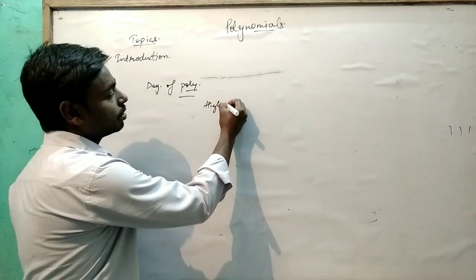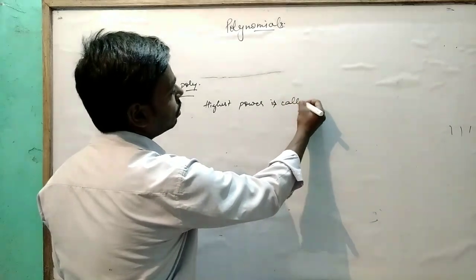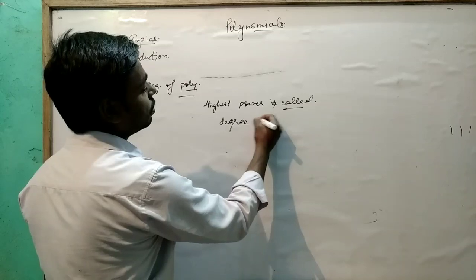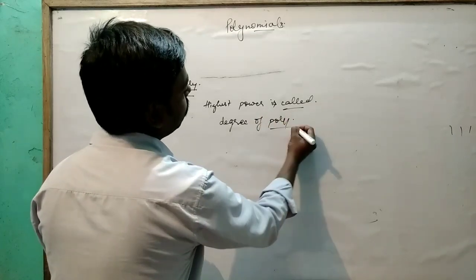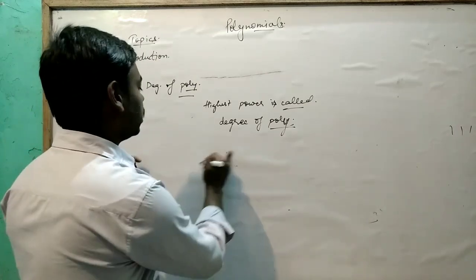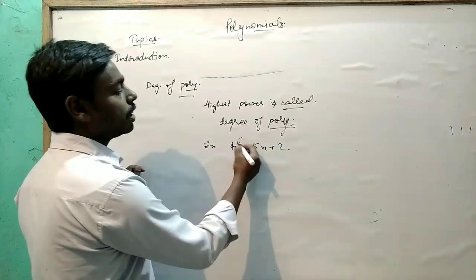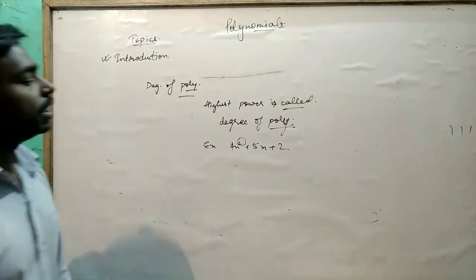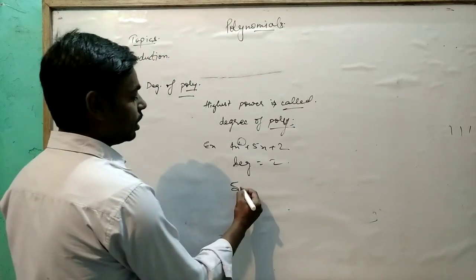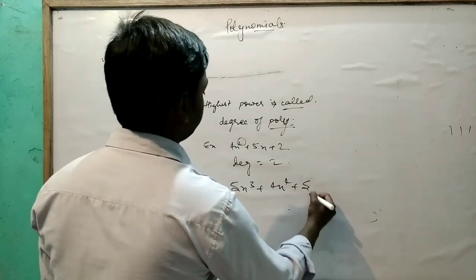Highest power is called degree of polynomial. Okay, highest power is called degree of polynomial. Example, 4x square plus 5x plus 2. Here highest power is 2, so its degree is 2. 5x to the power 3 plus 4x to the power 4 plus 5.